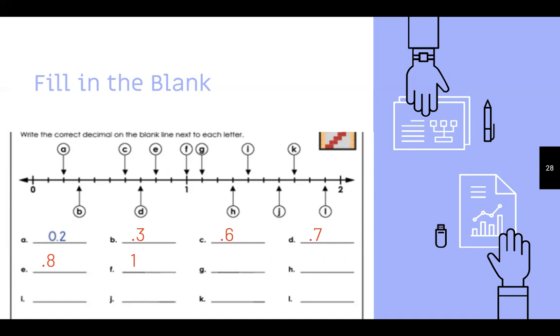So let's start. 1.1 is G. 1.2, 1.3 is H. 1.4 is I. 1.5, 1.6 is J. 1.7 is K. 1.8, 1.9 is then L. And then we have hit 2.